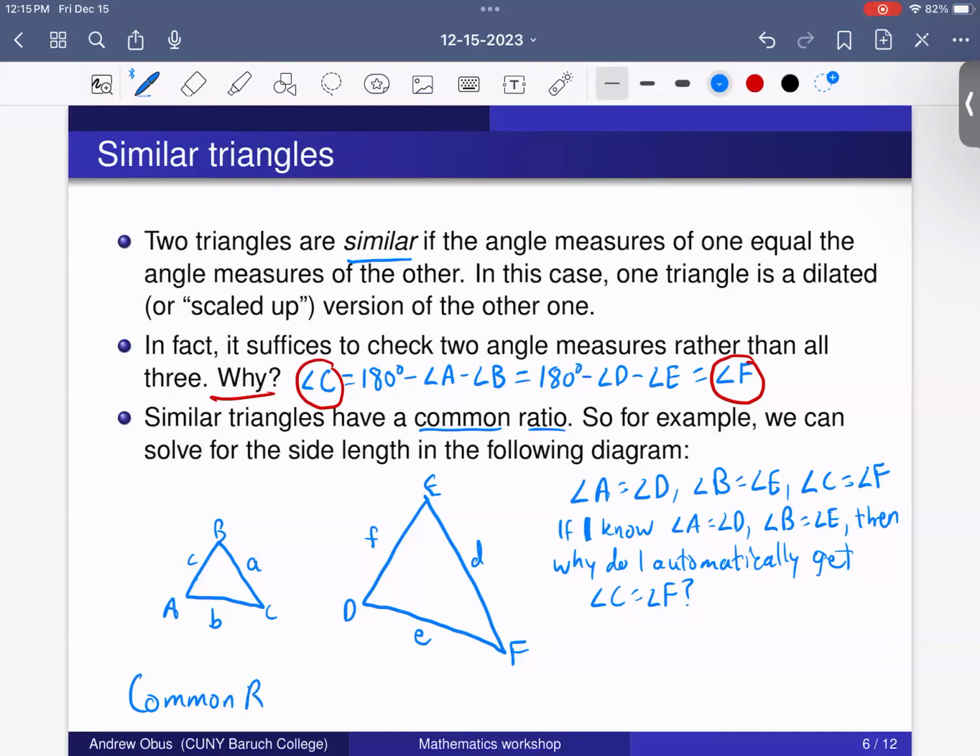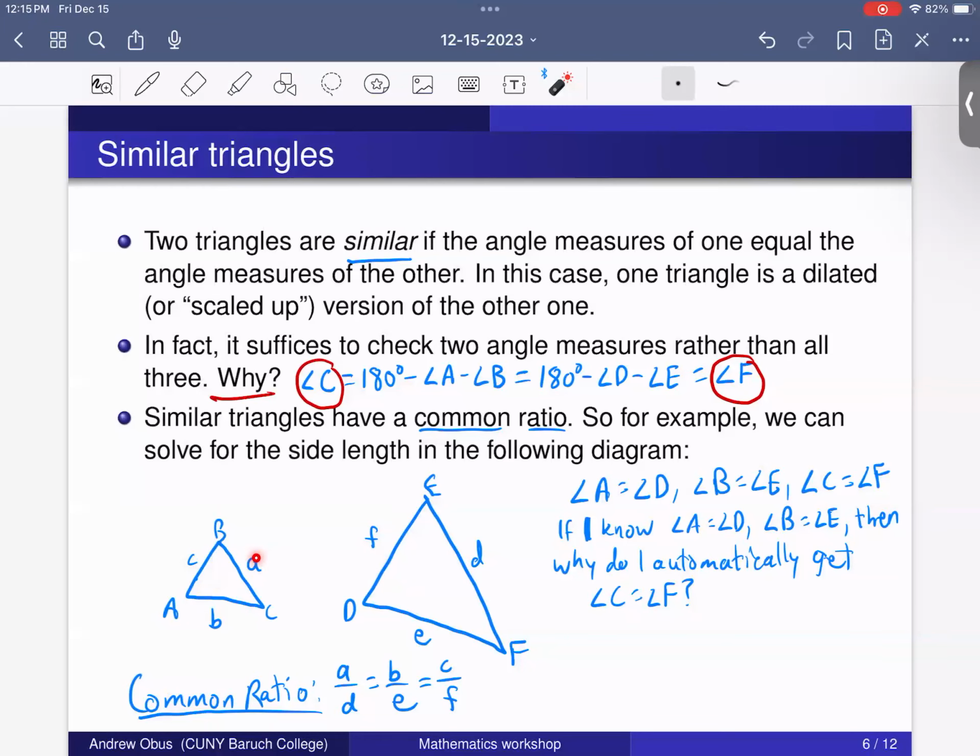It means that the ratios of the sides are equal no matter which side you're talking about. So in this case, we would have that A divided by D is equal to B divided by E, and this is equal to C divided by F. Right? So the triangle has a size. Let's say this triangle is stretched by a factor of 2 from this triangle.